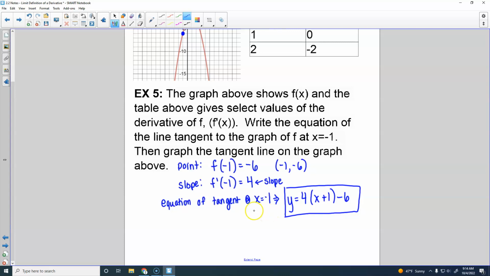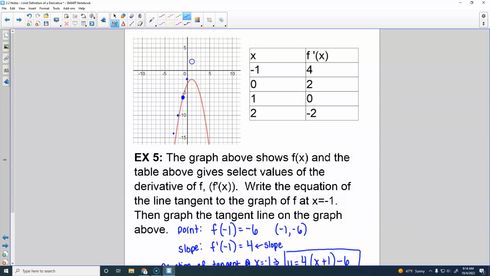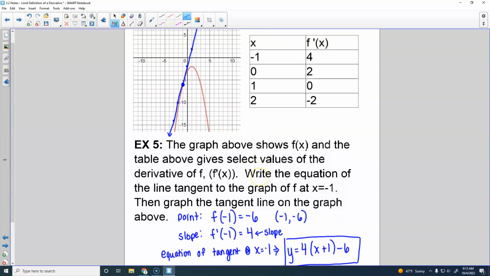And so, if we want to graph that, we don't even have to simplify this. We know it goes through the point (-1, -6). We know this line has a slope of 4, so if we go up 4 over 1, or down 4, left 1, we will get that line right there that does appear to be a tangent at that point.